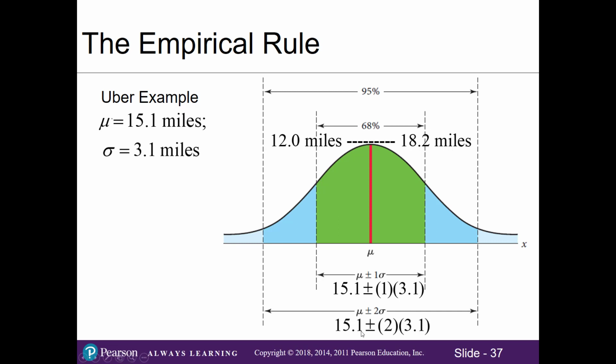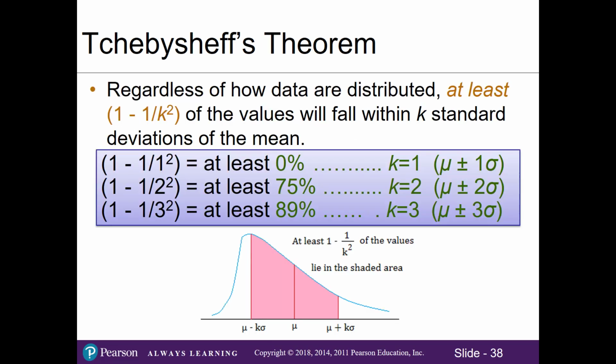So I'll take my 15.1 plus 6.2 and 15.1 minus 6.2, plus because I'm going up 2 standard deviations, and minus because we're going down by 2 standard deviations. That'll give me a range that 95% of my Uber rides is somewhere between 8.9 miles and 21.3 miles. So it also gives me an estimate of how long my rides are if I'm an Uber driver.